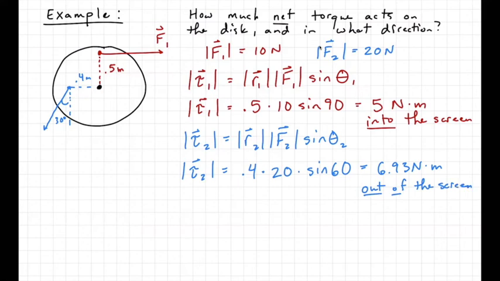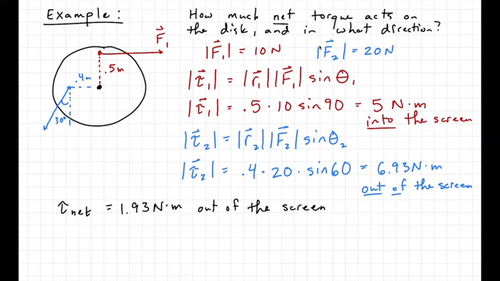Okay, so that means that if we want the net torque, we can say the net torque is equal to 1.93 Newton meters out of the screen, taking the difference between those individual torques.